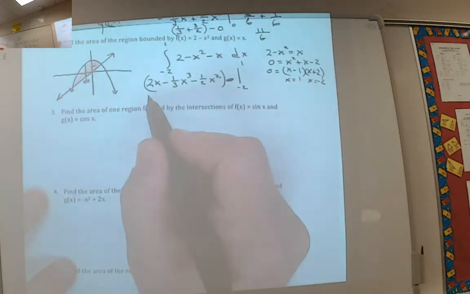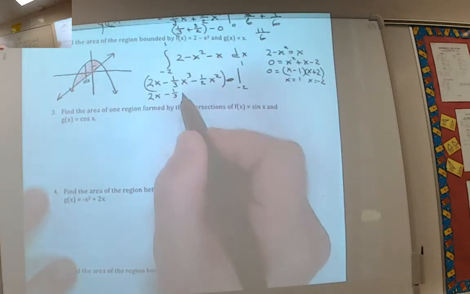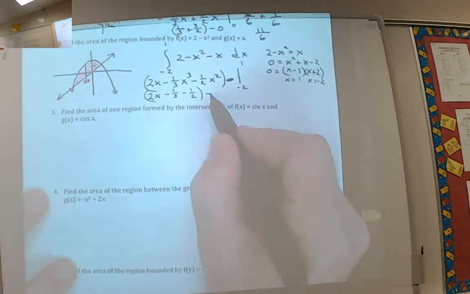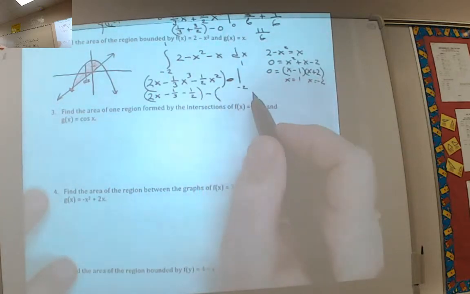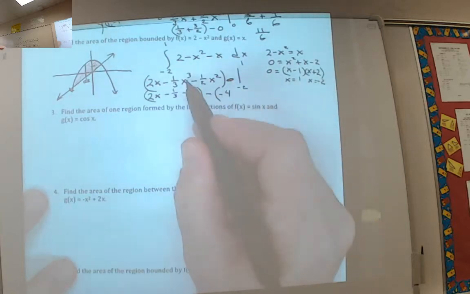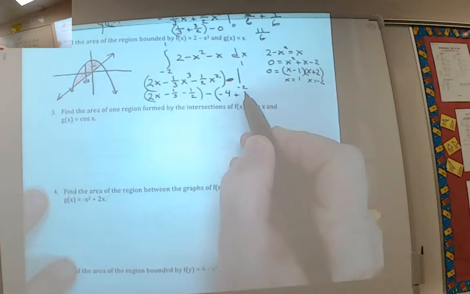So if I put 1 in here, I get 2x minus 1/3 minus a half, minus, if I put a negative 2 in there, I get a negative 4. A negative 2 cubed is a negative 8, so I get plus 8/3.